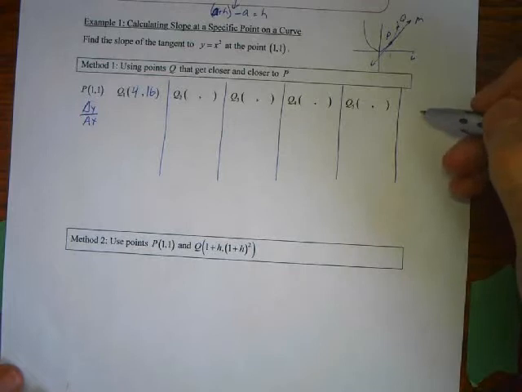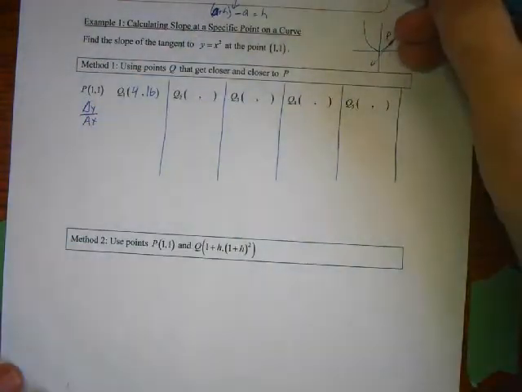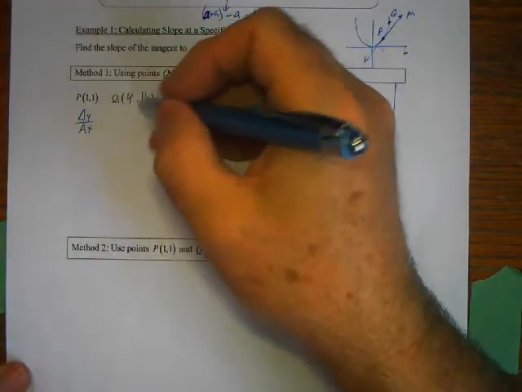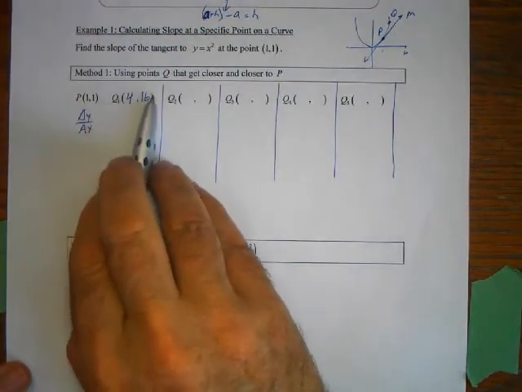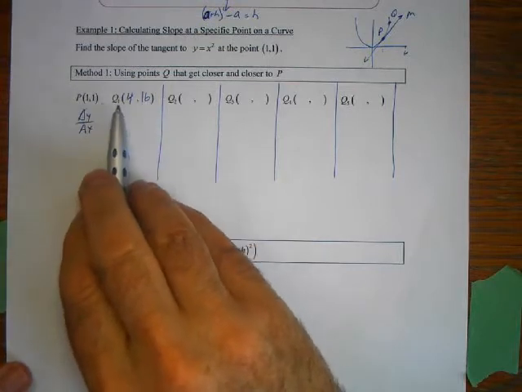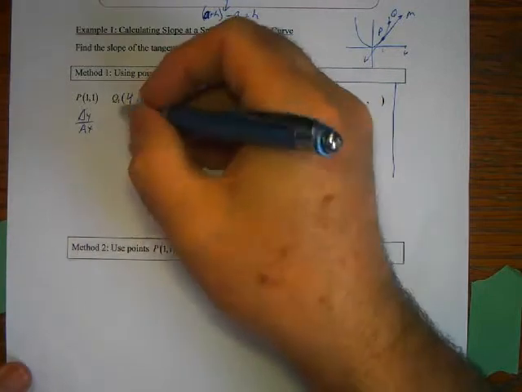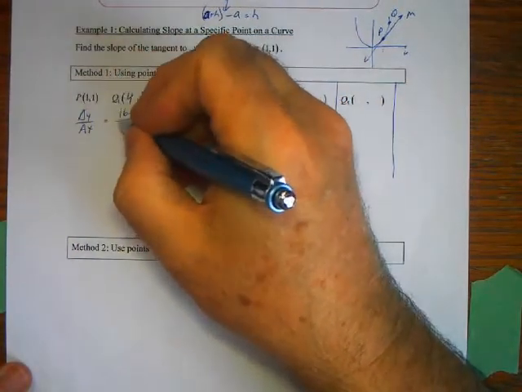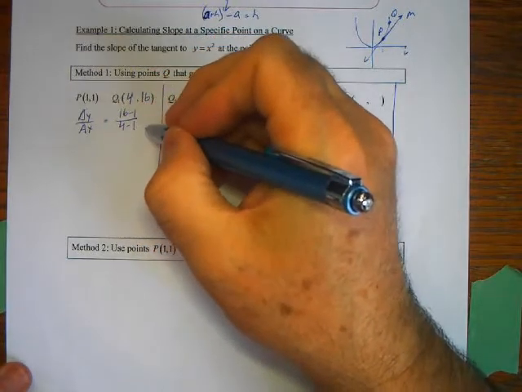Delta y over delta x is the change in y between P and Q, so 16 minus 1 over 4 minus 1, which is 15 over 3.